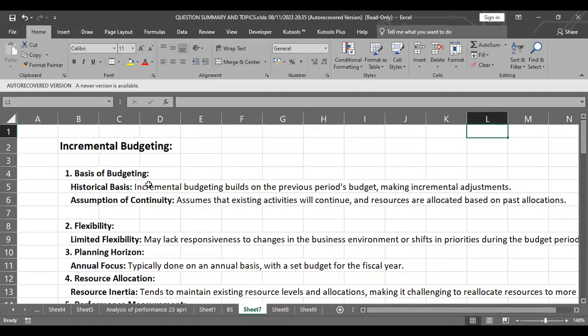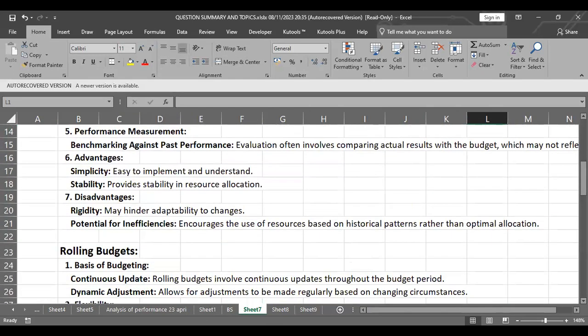But the main difference is that rolling is for short term and incremental is for long term. That is the idea of whoever came up with this.